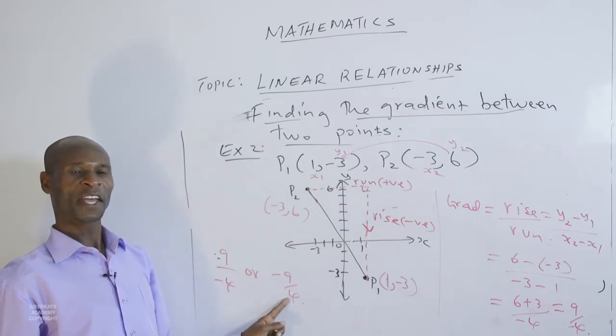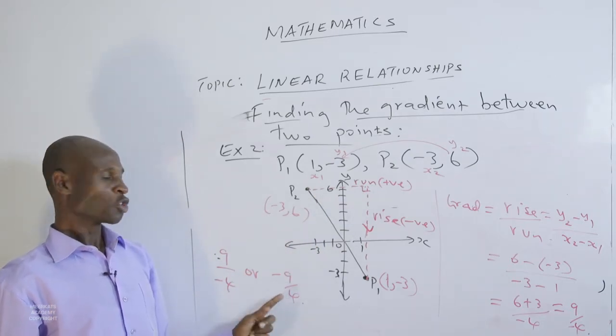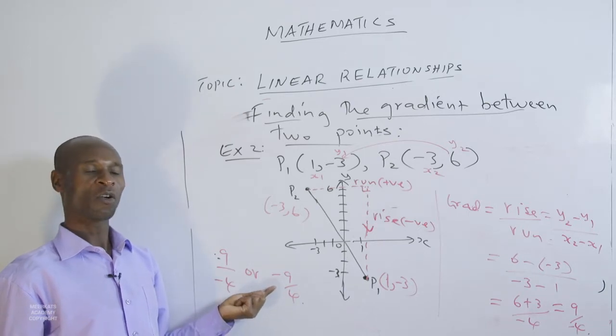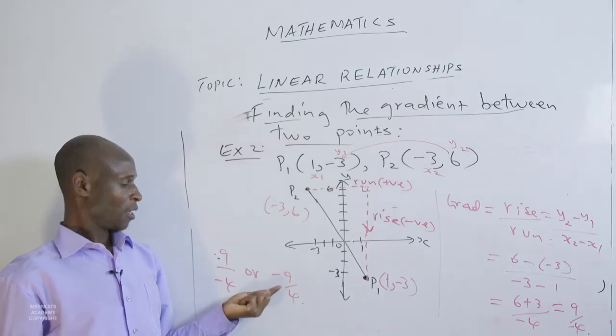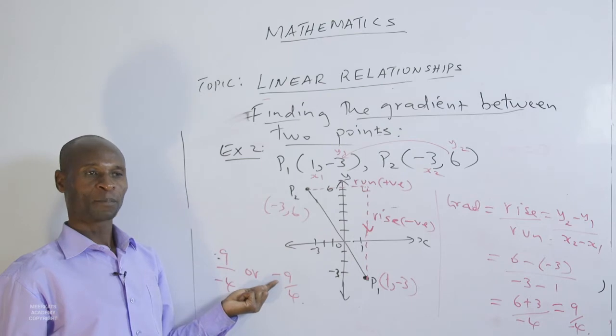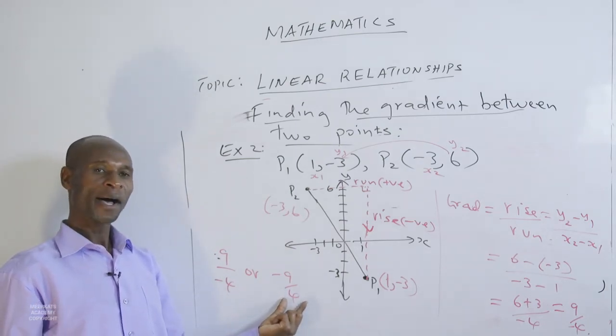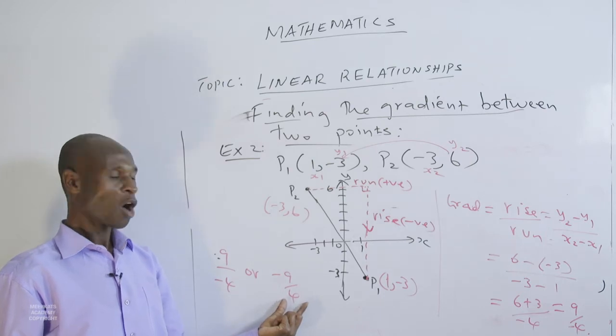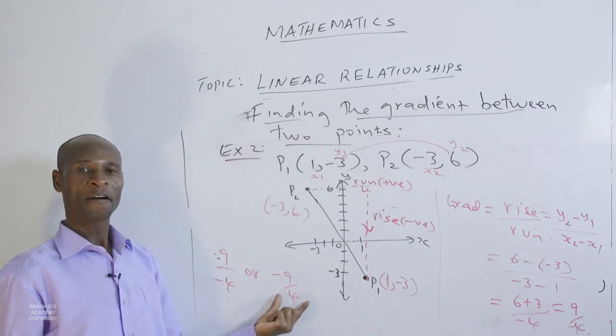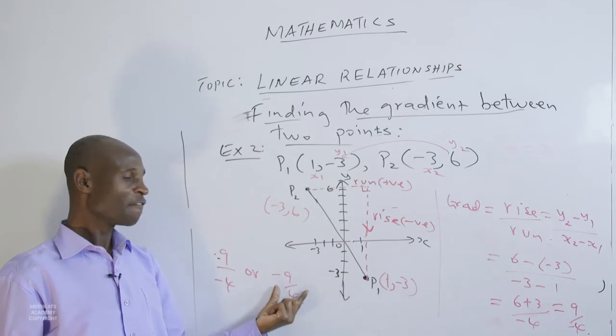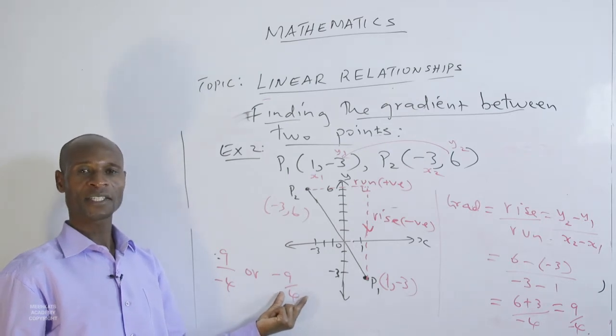As I mentioned, the run is always positive. So you assign the negative sign on the numerator part. The gradient can either be expressed as a proper simplified fraction or improper fraction, but should never be expressed as a mixed fraction.